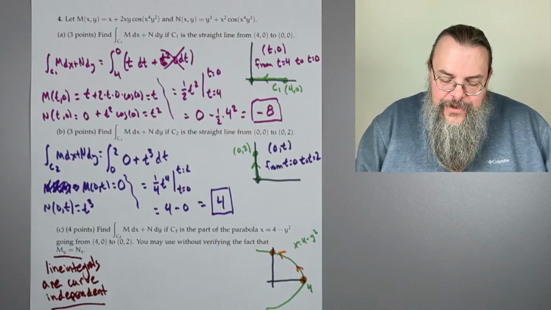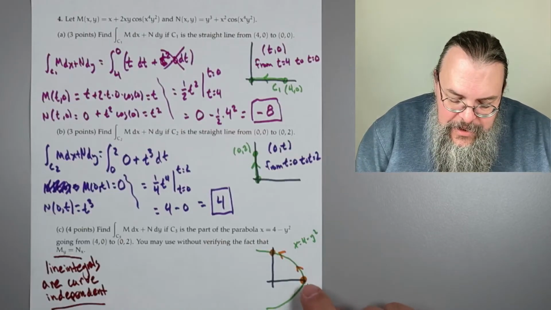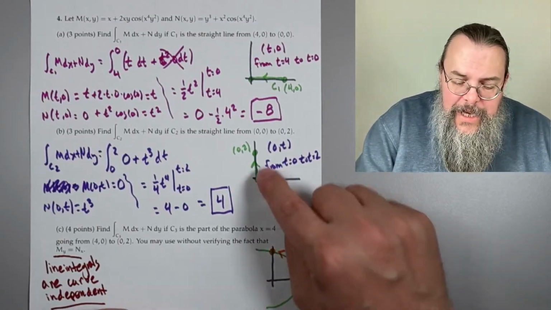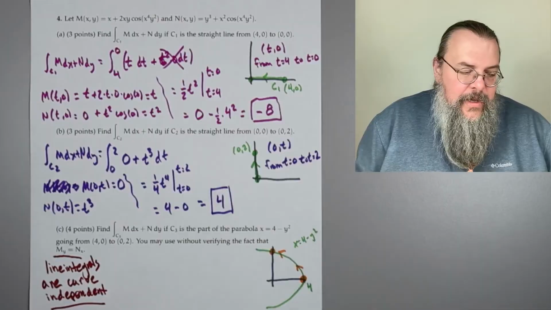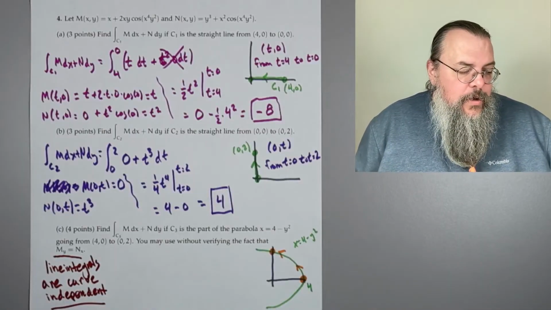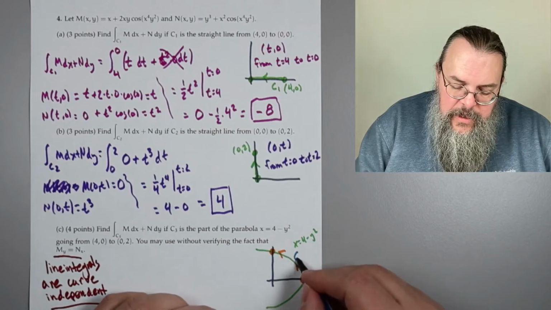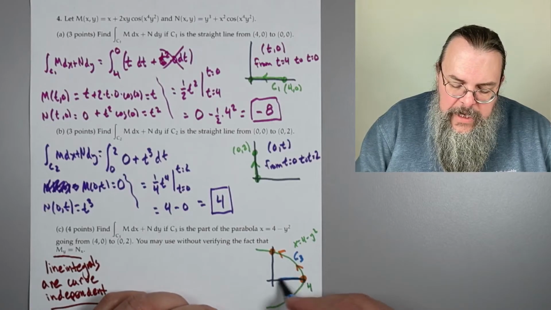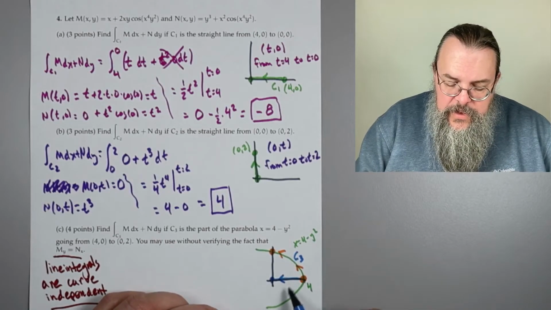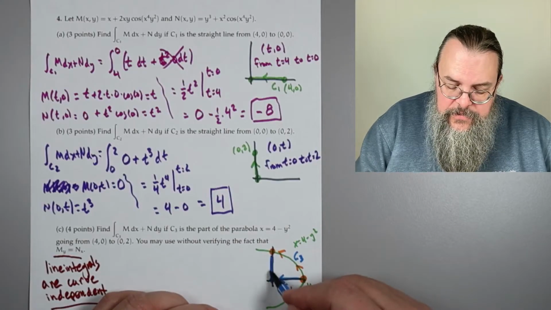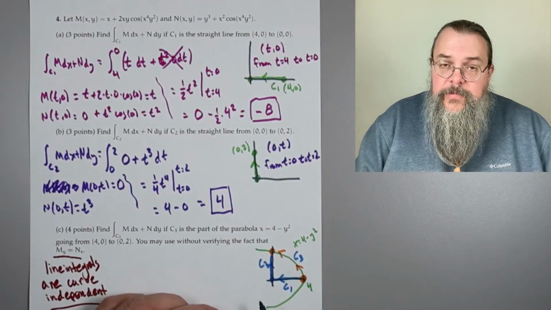So see how curve 3 is going along the parabola? We can say, well, wait a second, we have other pieces here. So in particular, we really have three things. We have curve 3 up here. We have curve 1 down here, and we have curve 2 over here.